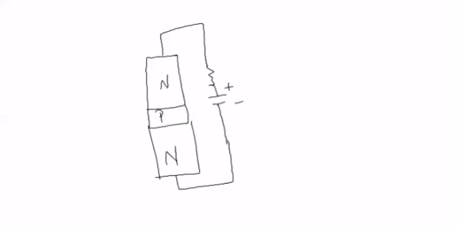Okay. And because this N is connected with the positive terminal, this is a reverse bias junction.